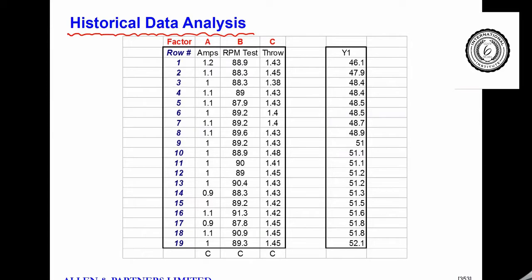The first thing to say before we get into the actual analysis itself using the software is how to prepare the data. So the little example I have, we have a motor. We are measuring the decibel level, so dBA. So this is the response here. We're measuring noise coming out of a motor after it's been assembled into a pump.